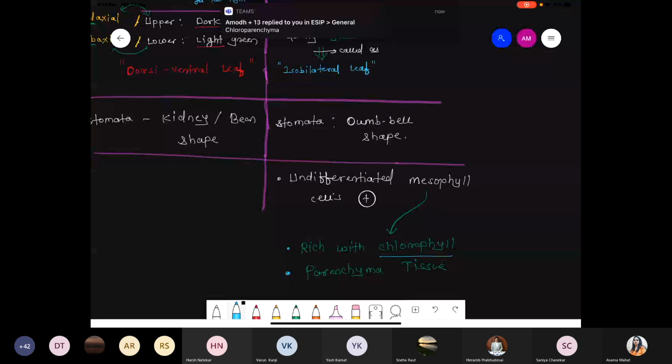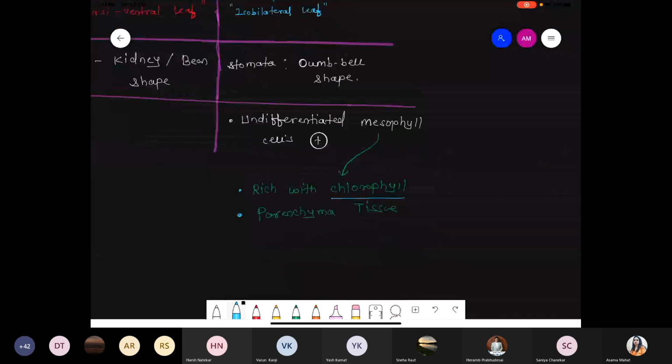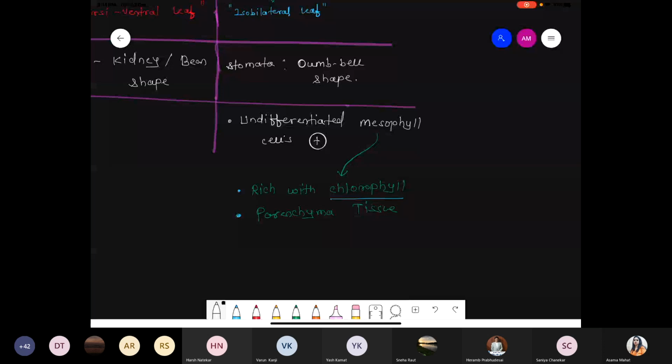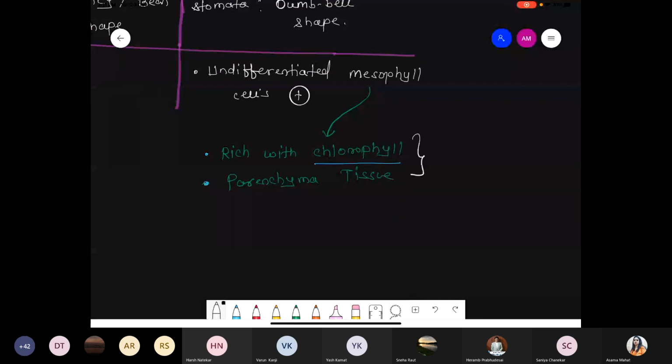Now mesophyll cells are the parenchymous tissue, and another, they are rich with the chlorophyll pigment. That's why on the basis of that you can clearly say these are the chlorenchymus tissue, the specific type of the chlorenchymus tissue.